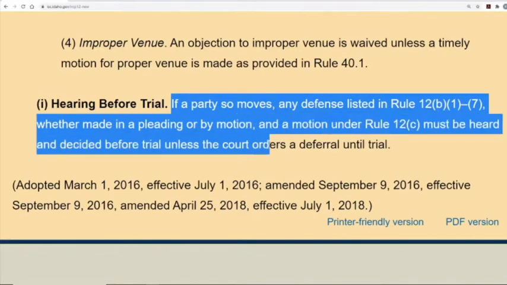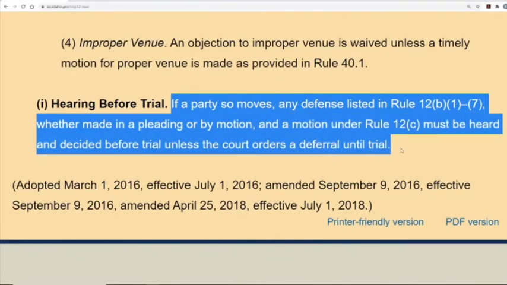Okay, here's the thing. If you do not request an oral argument on the motion to dismiss and you file a brief, there is no oral argument. There is no hearing if they do not object.